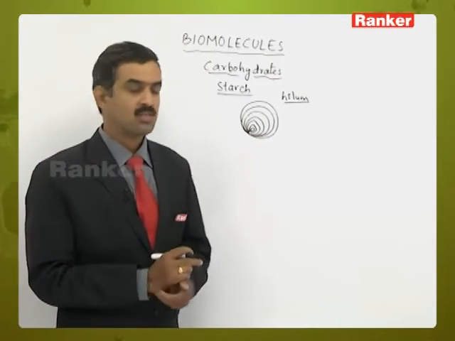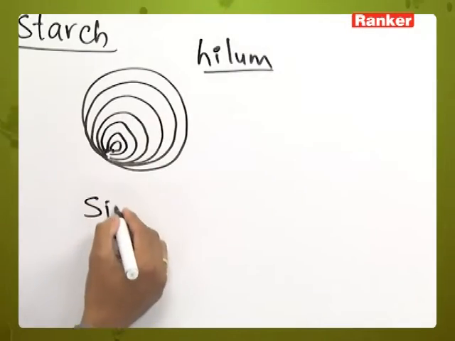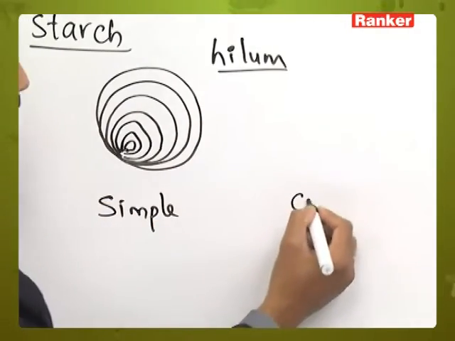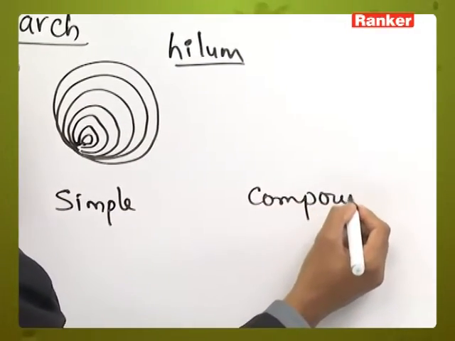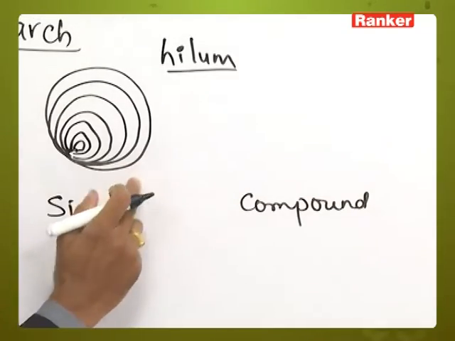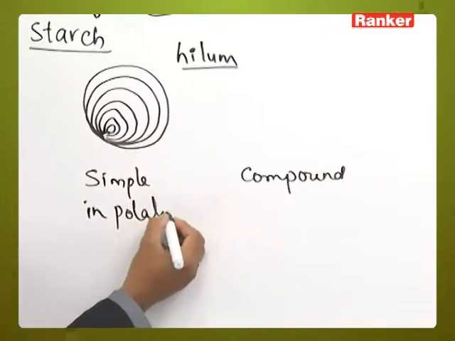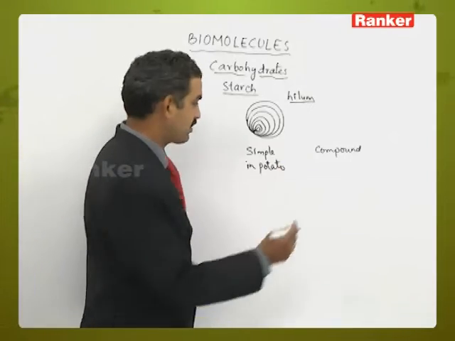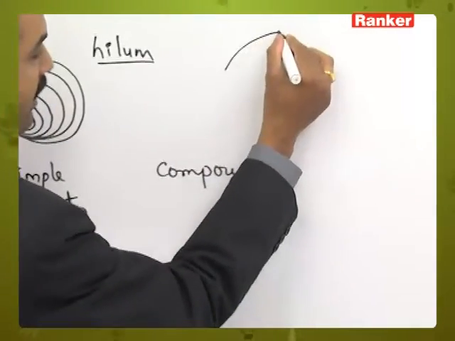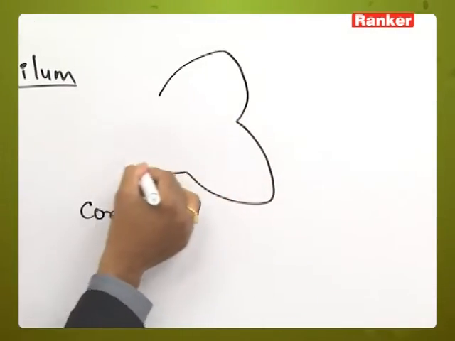Here simple structures may be formed or compound structures may also be formed. This is the compound starch grain present in potato, where this type of organization can be seen.